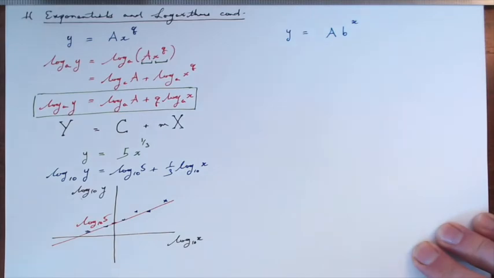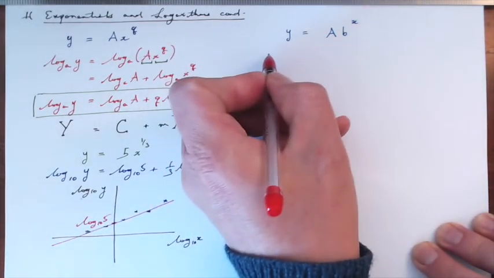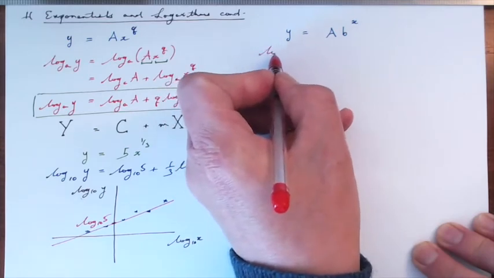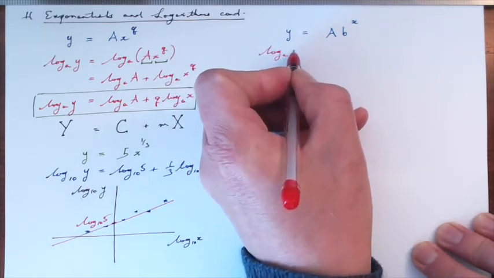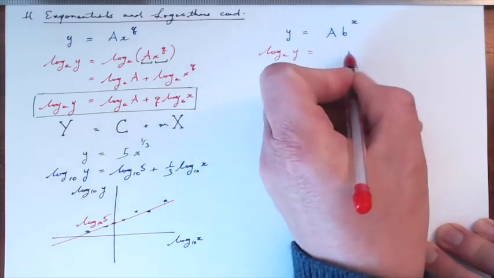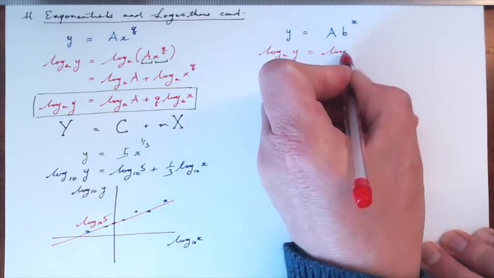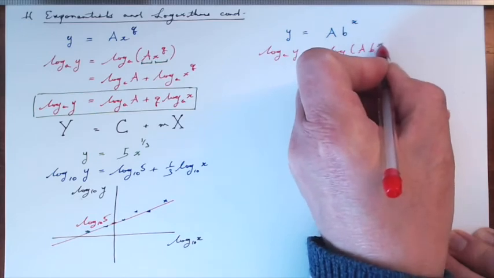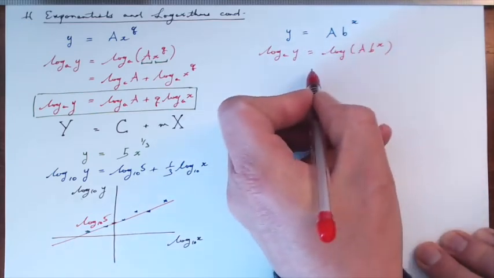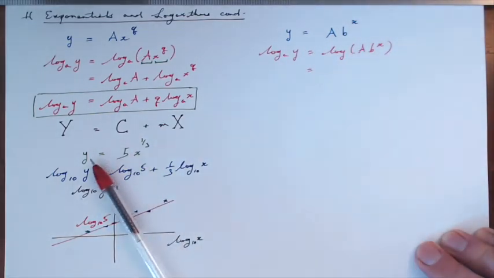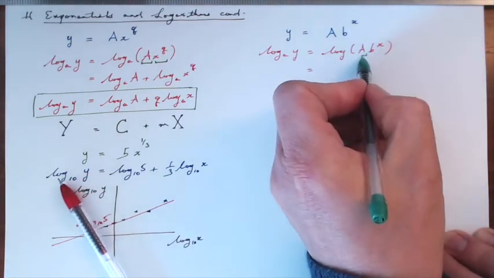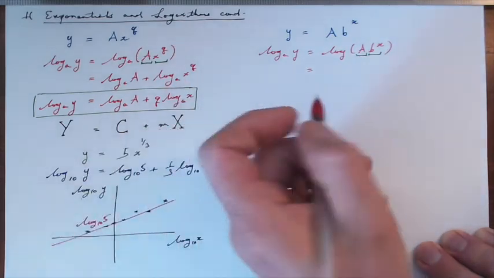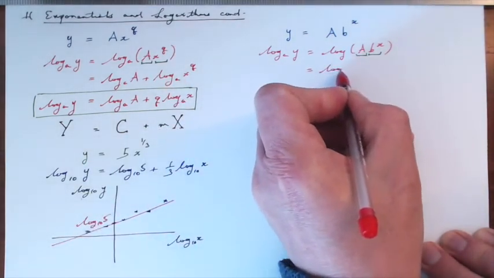And again, if I take the logarithms of this equation, what do I find? I find that log of the left-hand side, log of y, is log of the right-hand side. I can do the same thing as before. I notice that on the right-hand side, I have a logarithm of a product of two factors, and so I can use the first law of logarithms to split that into two pieces.